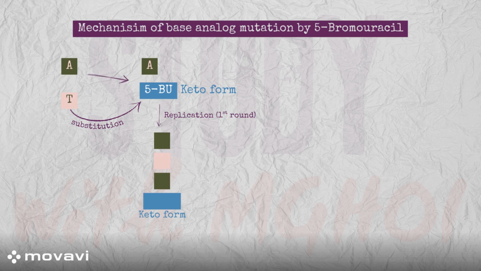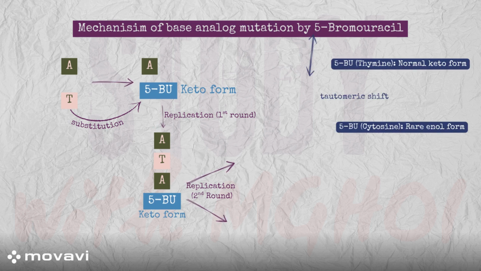molecule. In the second round of replication, we still have the AT strand that maintains its integrity, and then we have the introduction of a guanine nitrogenous base. And the 5-bromouracil undergoes a tautomeric shift from keto form to enol form.